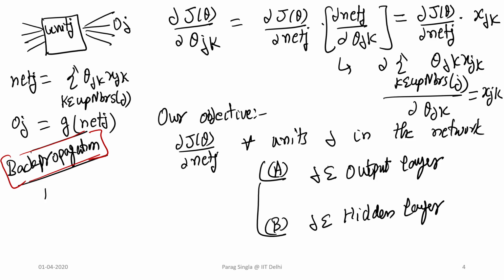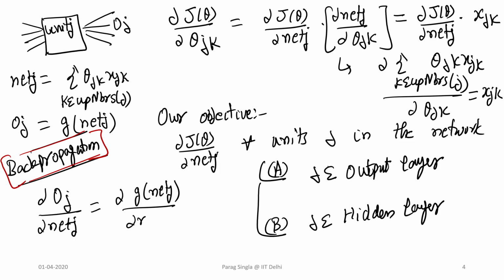Now, one more identity that we'll need at some point is the derivative of Oj with respect to net j. Remember, Oj is nothing but sigmoid applied to net j, and we know the derivative of sigmoid is simply sigmoid times 1 minus the sigmoid of the input.